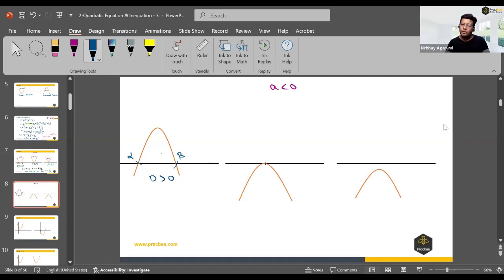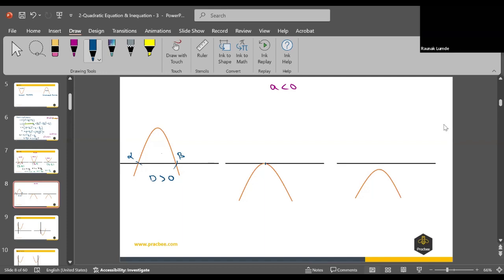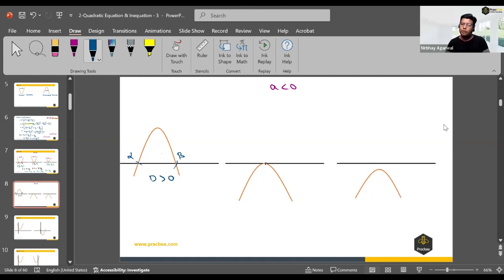This graph touches at how many points? At 1 point. It means only one zero is there. So there will be two equal zeros. In this case, D will be equal to 0.